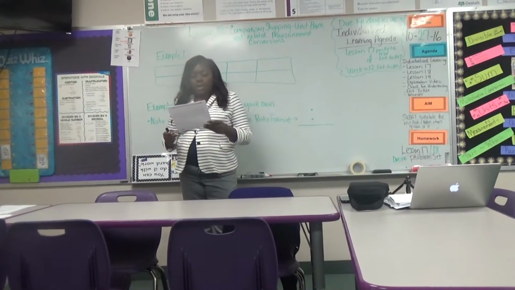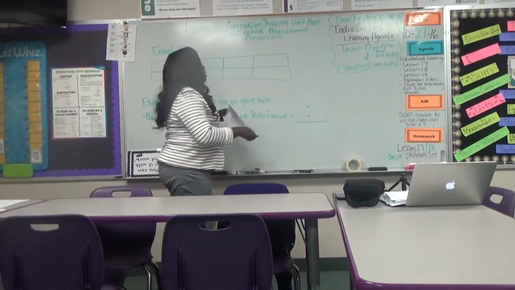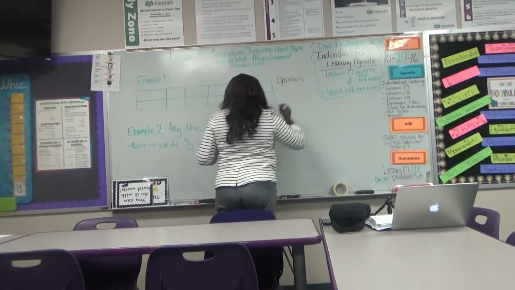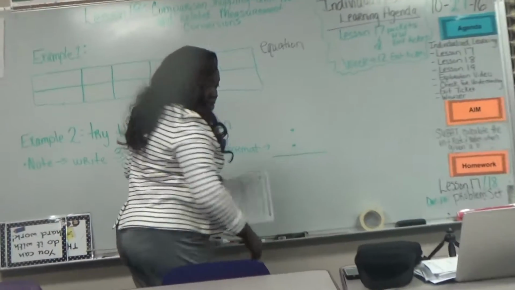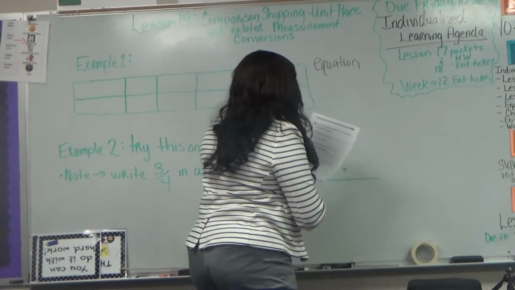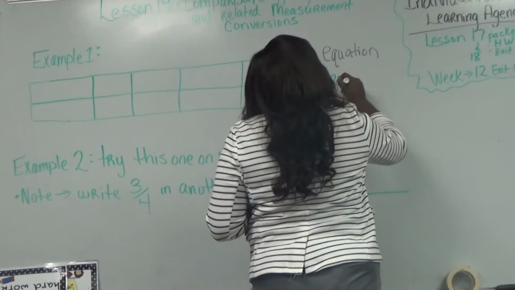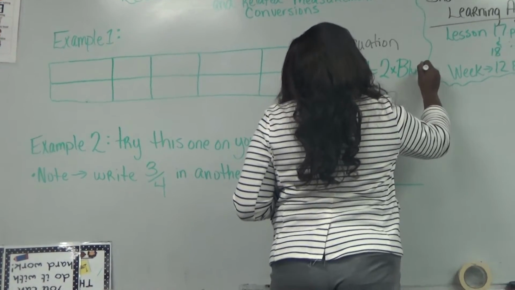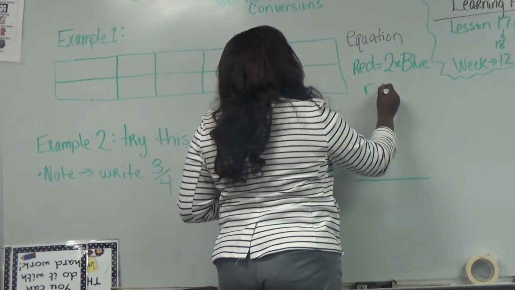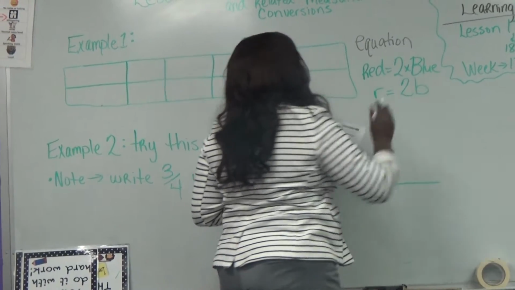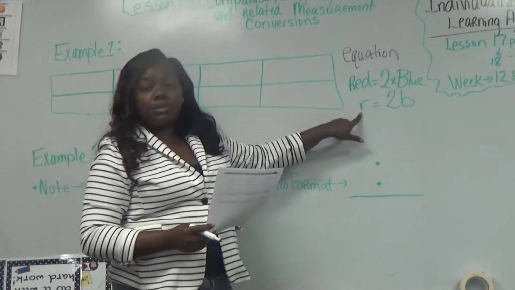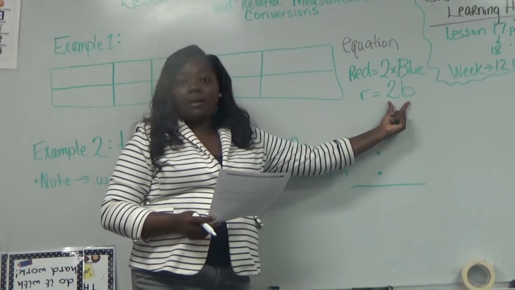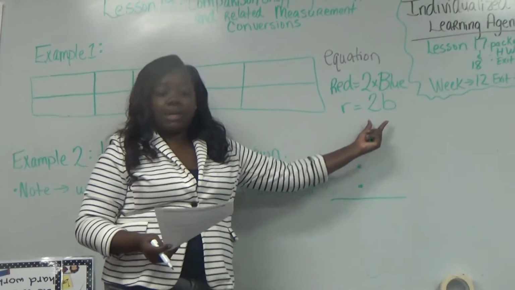In this case, the equation would look like red equals 2 times blue, or simply R equals 2B. The R stands for red, and B stands for blue. And anytime you have a number next to a variable, this lets us know that it's the operation of multiplication.